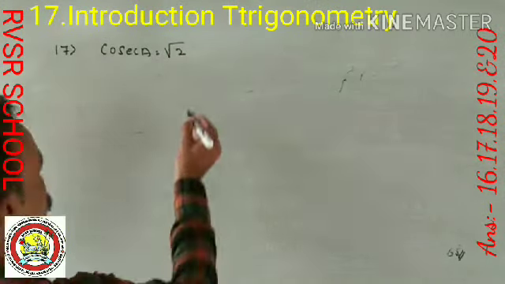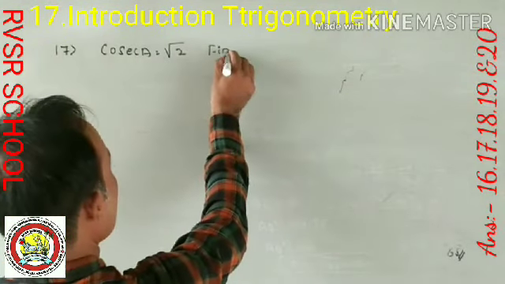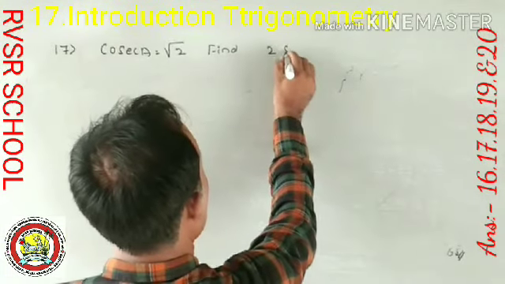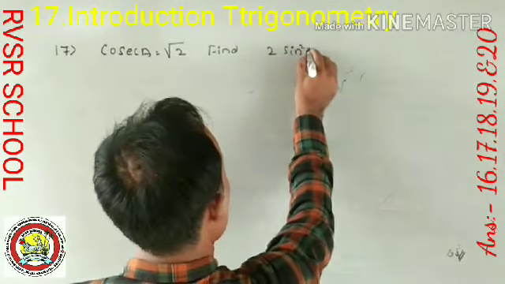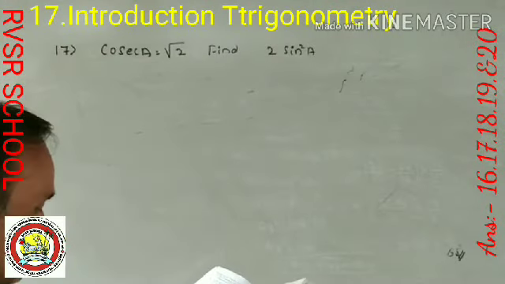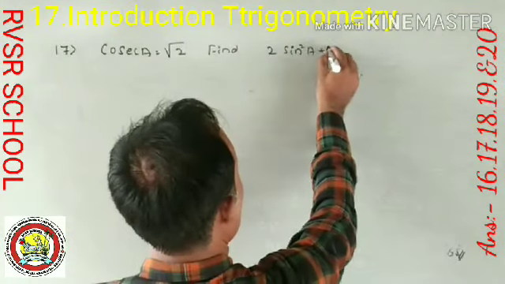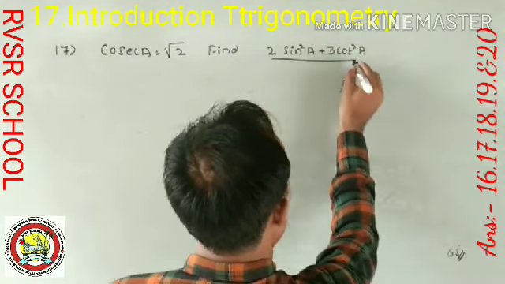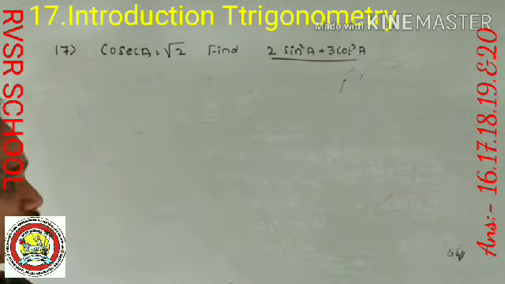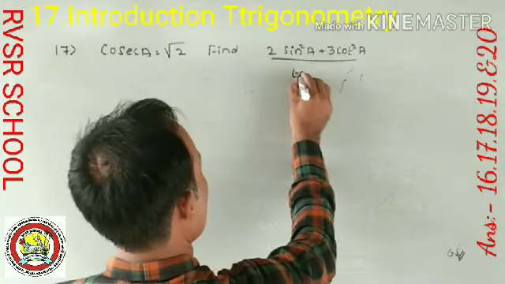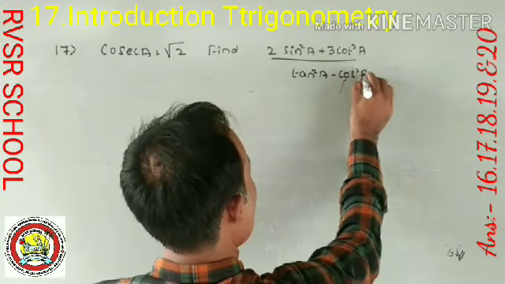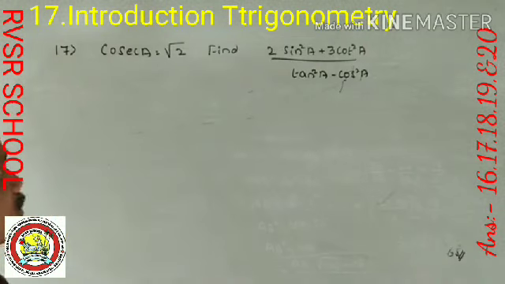Find the value of (2 sin square A plus 3 cot square A) divided by (tan square A minus cos square A). We have to find this by using cosecant A is equal to root 2.